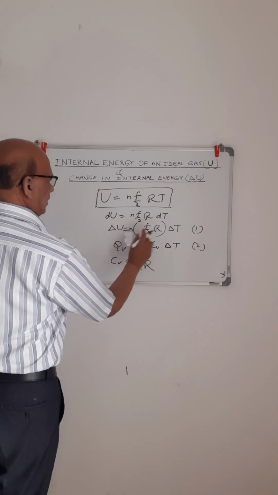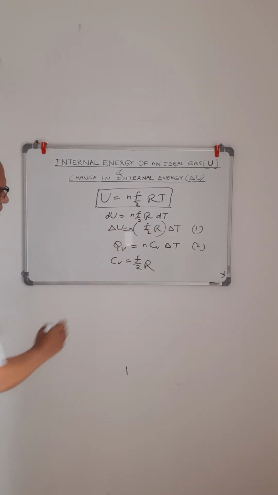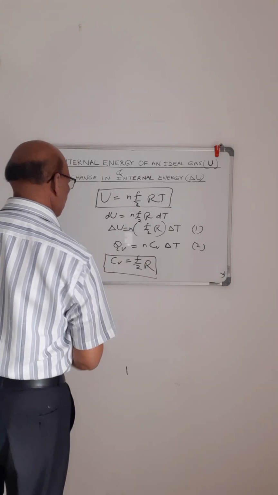So n into this into delta T, so CV equal to F by 2 R, where F is the number of degrees of freedom.